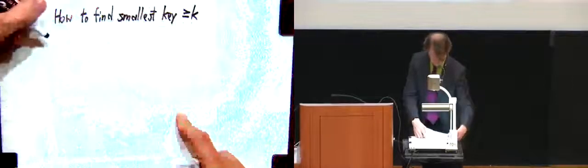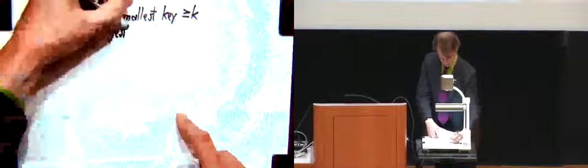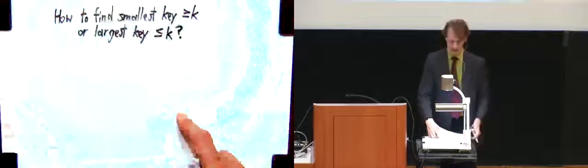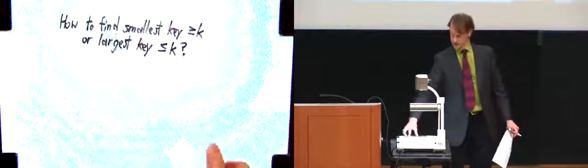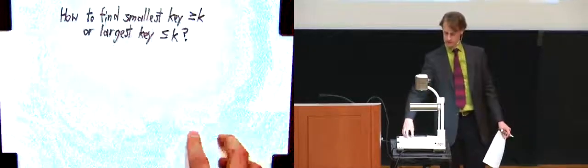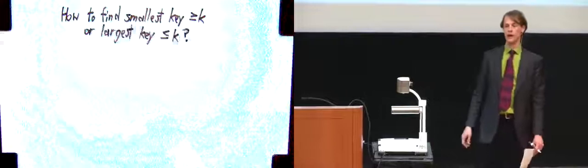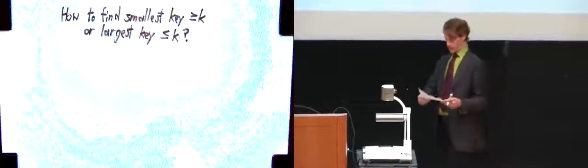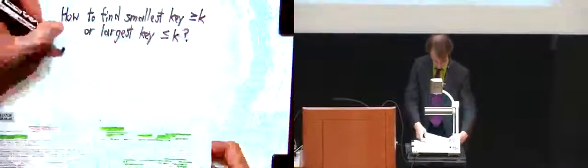You want to find the smallest key greater than or equal to k, or the largest key less than or equal to k. And that's particularly interesting when k is not actually being stored in the tree at all. So how do you do that? Well, you search for k as usual.